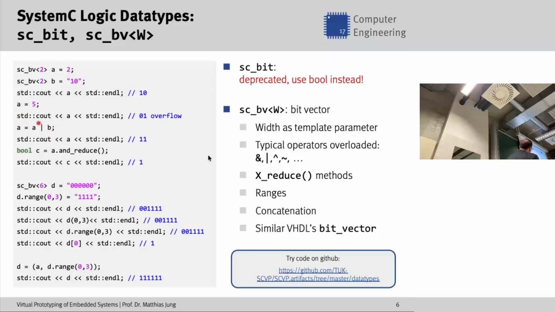Here we did an OR. And then you can just concatenate that, and then you get again 6 bits, 4 and 2 is 6. So also this would work. Yeah? But I don't want to go so much into detail because that you can look up basically in the SystemC reference manual.